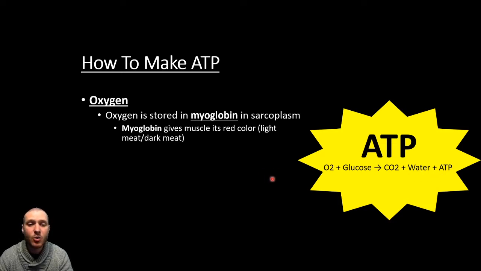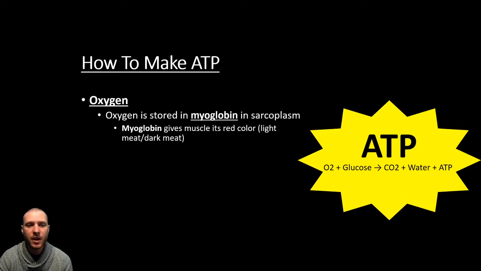So because oxygen is so important to maintain the production of ATP, and muscles need a good source of it, we're going to store some oxygen in our muscle tissue in a protein called myoglobin. Within the sarcoplasm, we're going to have a bunch of myoglobin that stores the oxygen. So if we're not able to breathe it in, we still have some reserves that can maintain the production of ATP that's necessary to finish our energy expenditure.